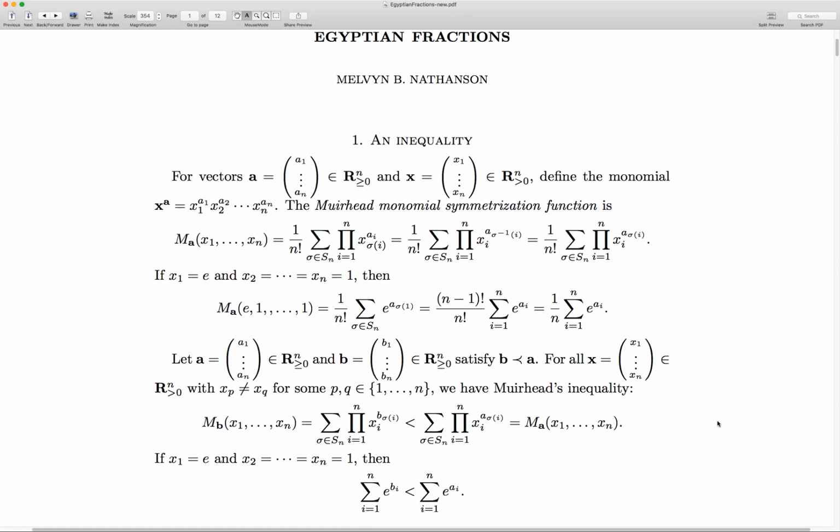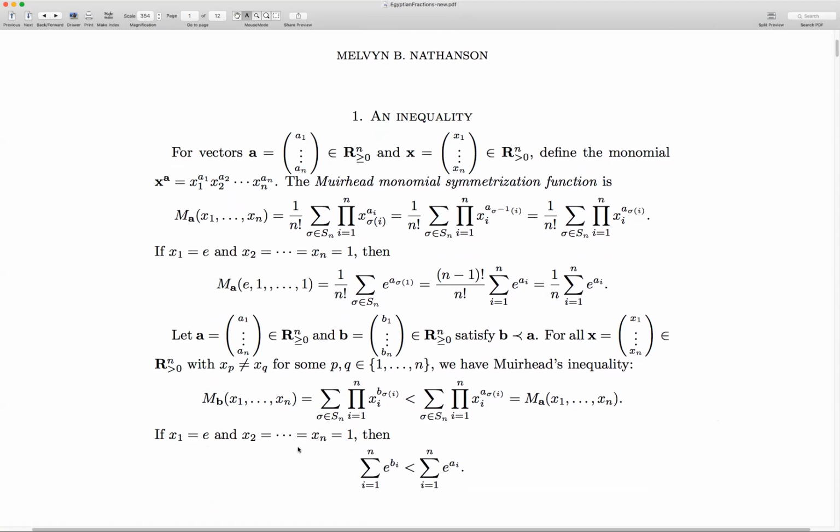Now, what does Muirhead's inequality say? It says if you take two non-negative vectors, a and b, and a majorizes b. In Hardy, Littlewood, and Polya, the standard definition of majorization has to do with the fact that if you permute the coordinates of these vectors so they're in decreasing order, the partial sums of the b's are less than or equal to the partial sums of the a's.